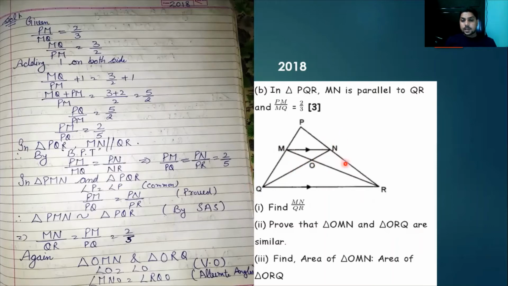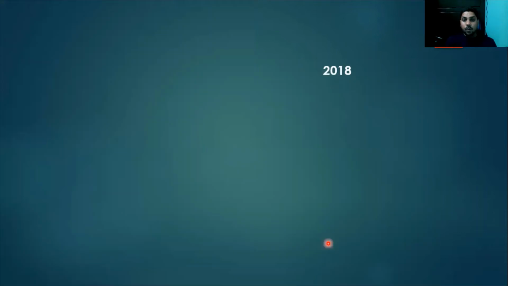Since the two lines intersect each other, angle at point R and angle at point M will be alternate angles. So angle O is vertically opposite and we have the alternate angle. So triangles are similar to each other by the angle property here.